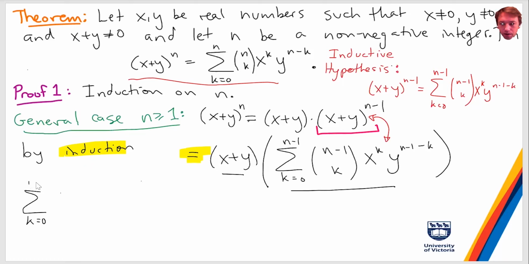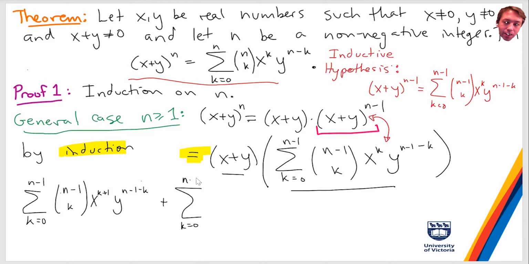So what do we get then? When I multiply x to everything, what I end up with is the sum from k equals 0 up to n minus 1 of n minus 1 choose k. But now I multiply this thing by an x, so I get an extra x. So it's x to the k plus 1, y to the n minus 1 minus k.